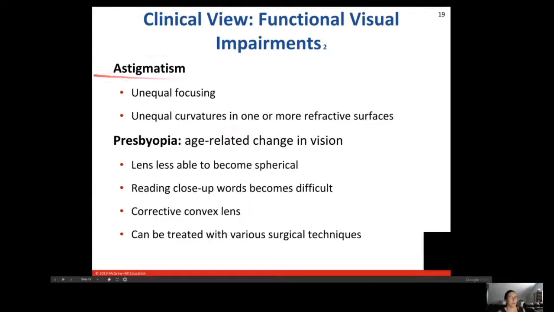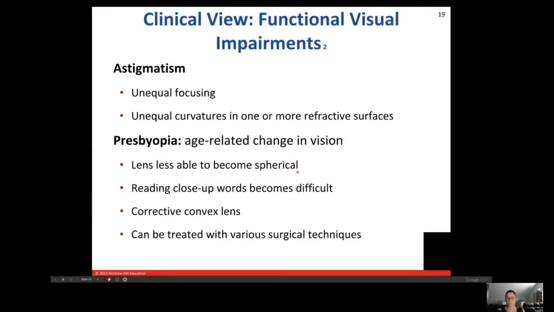There are a couple other things. Astigmatism is an unequal focusing, and that has to do with unequal curvatures in maybe your lens or your cornea and one or more refractive surfaces. And then presbyopia is the age-related change in vision. That's going to be really common. Most people have this happening as they get into their later ages. Your lens is not able to round up and become as spherical as it was before, and so it can't accommodate well.